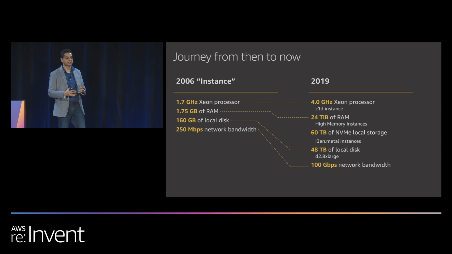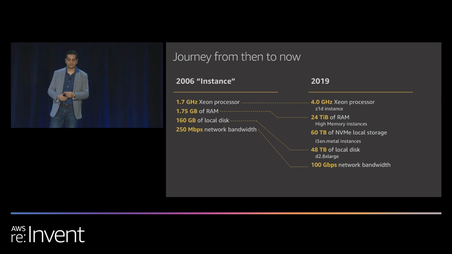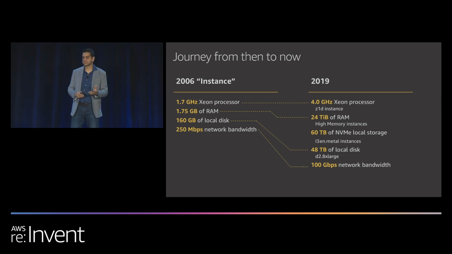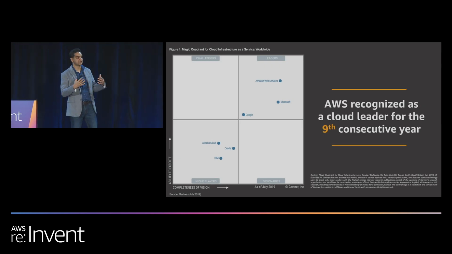We have storage instances in the form of I3EN that provide 60 terabytes of NVMe storage, or D2 that provides 48 terabytes of local storage in the form of rotating media drives, so really optimized for cost per gigabyte. And then we have increased our networking bandwidth more than 10x by going up to 100 gigabits per second per instance type.